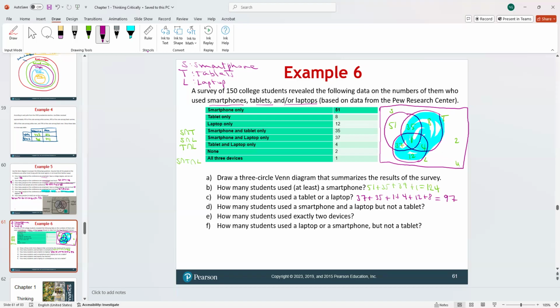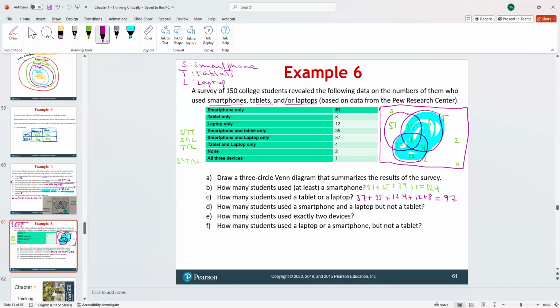Okay. Now we answer the second questions. C, how many students use a laptop or a smartphone? Now for D, D as in dog, how many students used a smartphone and a laptop, but not a tablet?